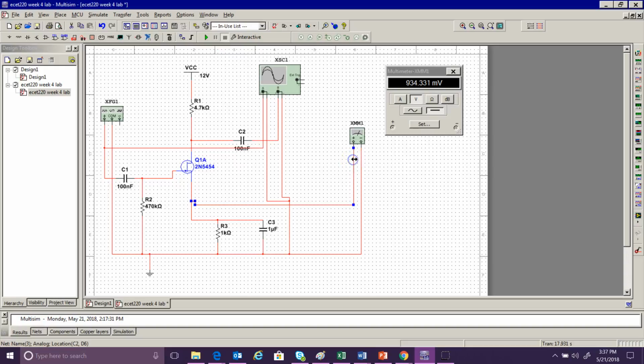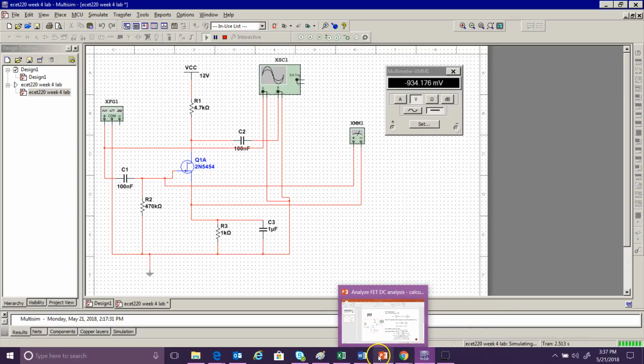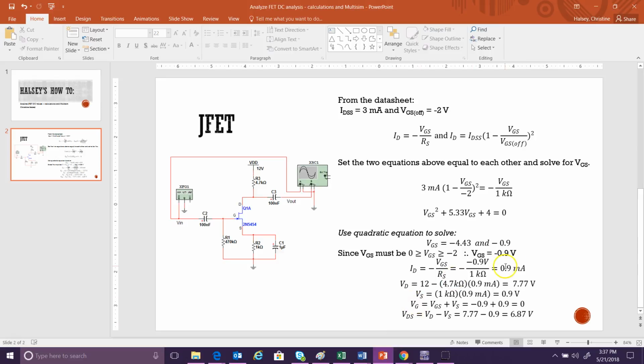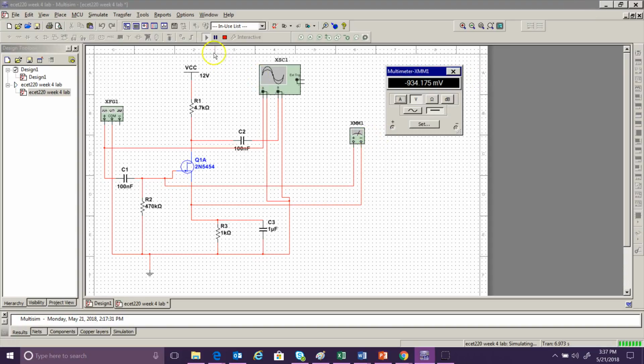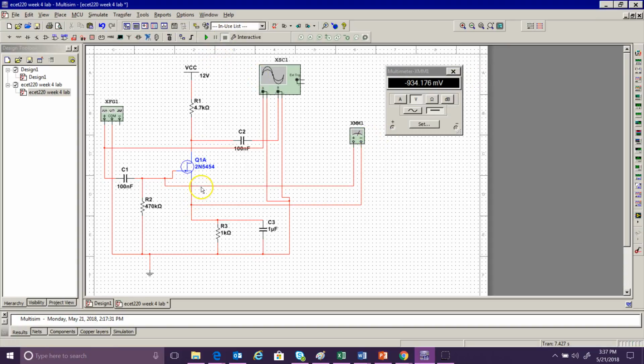Okay, and then if we want to measure VGS, it should be negative 0.9, and our VDS should be 6.87. We measure 6.67, so we're right in there with our measurements.